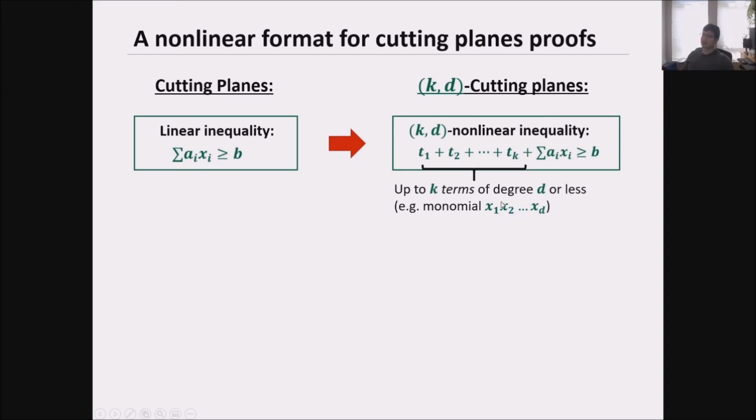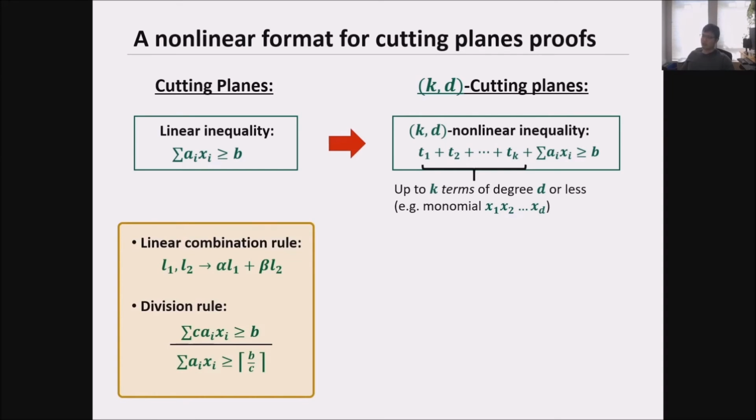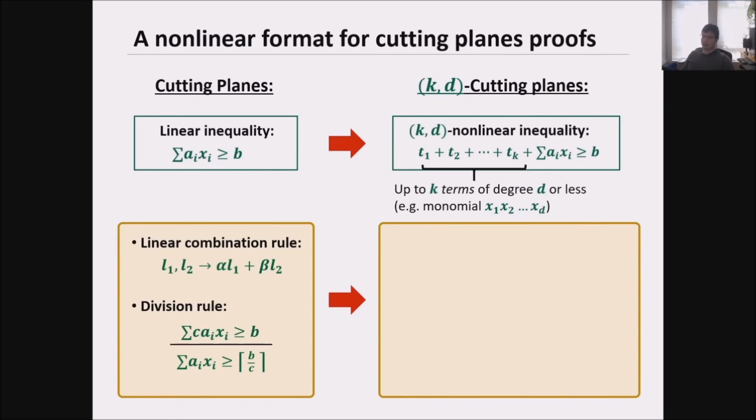Remember that cutting planes had two inference rules: linear combination and division. So how do these generalize to KD nonlinear inequalities? Well, first, linear combination generalizes quite naturally. We're allowed to do non-negative linear combinations of KD nonlinear inequalities as long as the result is also KD nonlinear.